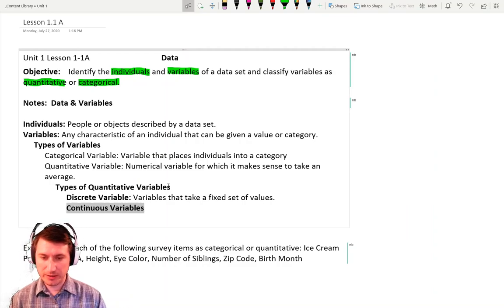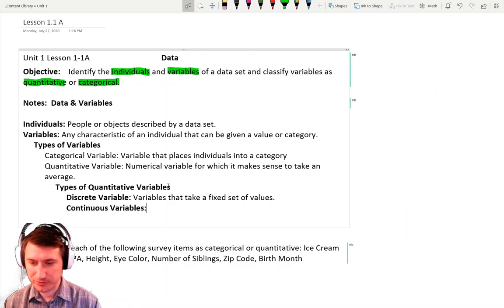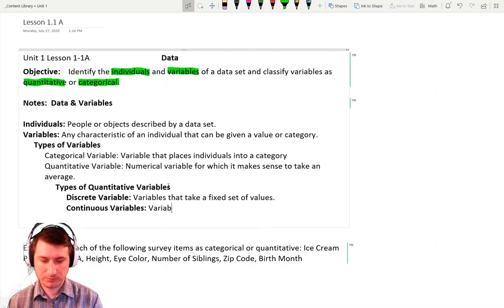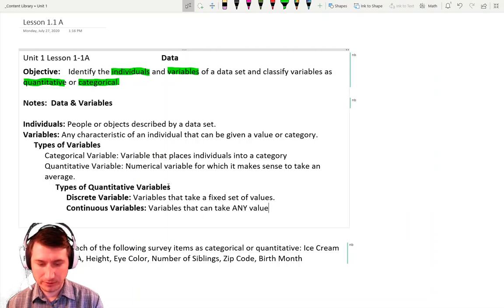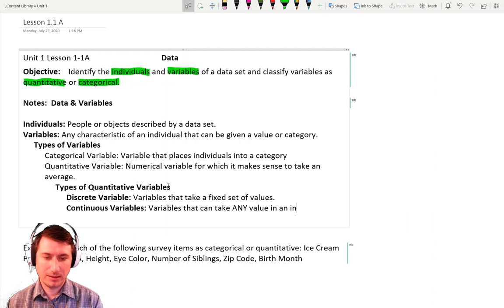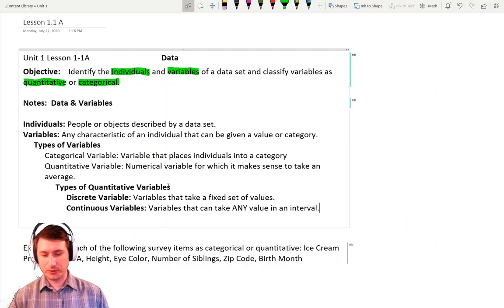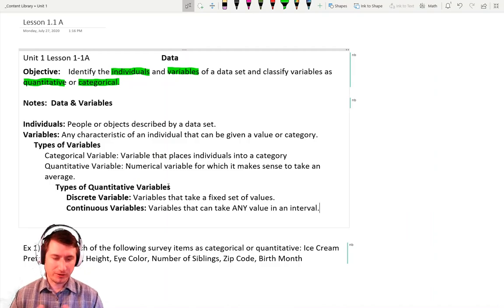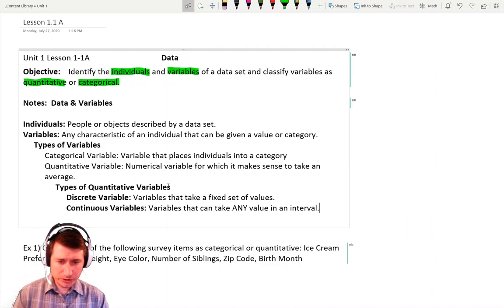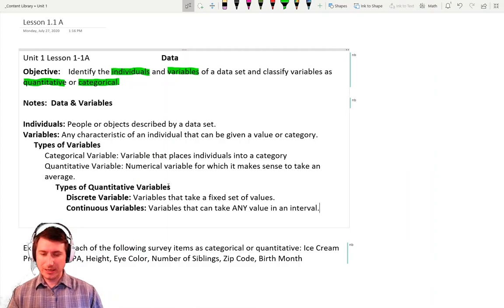Then the other side, continuous variables. This is where they don't have fixed values. Essentially, any decimal is allowed. Any value in an interval. If I asked you, what's the battery life like on your phone? Well, you could give me any number you want, up to a certain point.